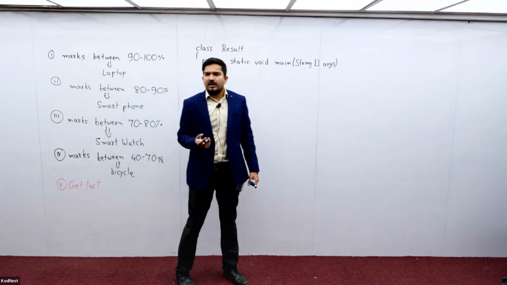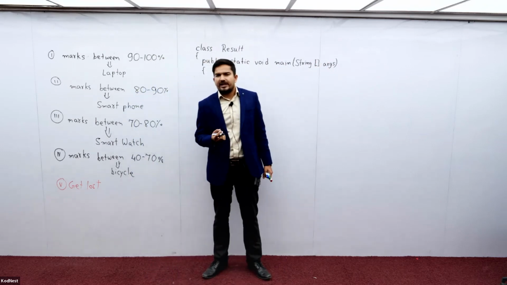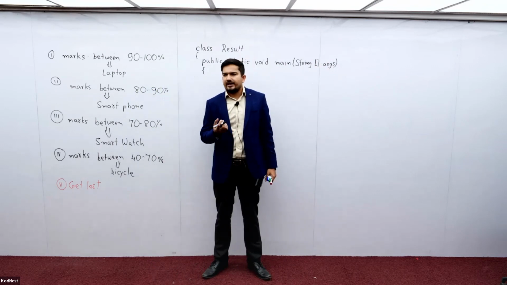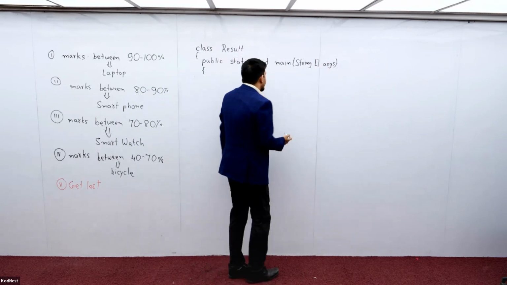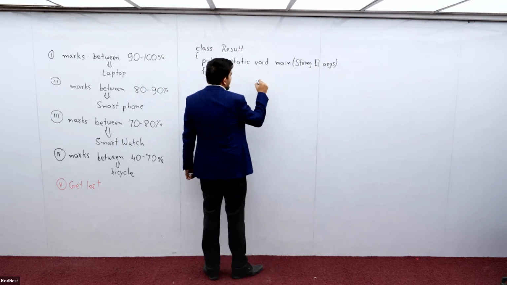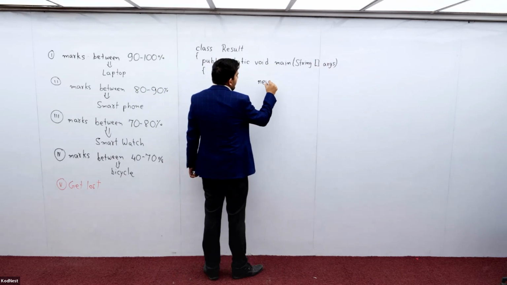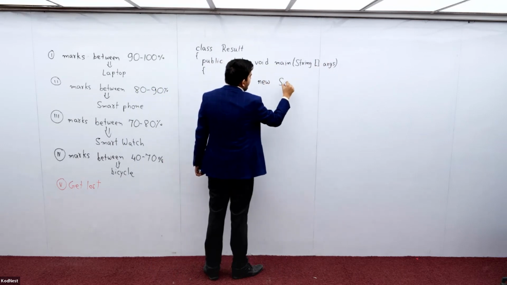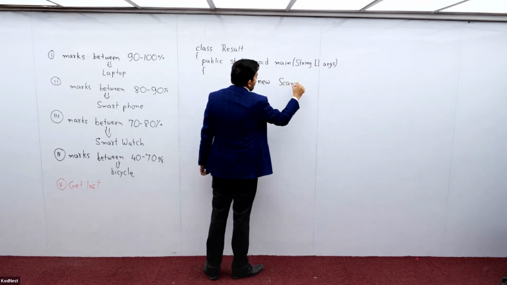Now in this program, we need input from the user. Whenever that is the case in Java, we should create an object of the scanner class. In order to create an object in Java, we have a keyword called new. New is followed by the name of the class of the object we have to create. In this case, we want to create an object of a class called scanner.